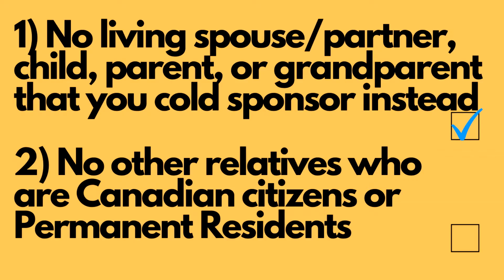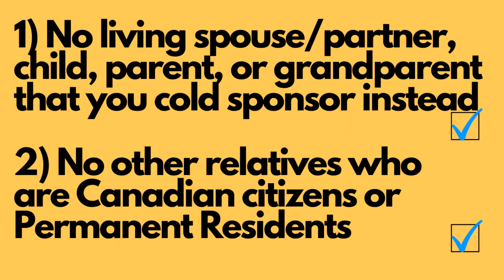In this case, Veronica meets the requirements to sponsor her aunt because she doesn't have a close living relative she could sponsor instead, such as a spouse, partner, child, orphan sibling, parent, or grandparent, and any other relative such as an aunt who is a Canadian citizen or permanent resident.